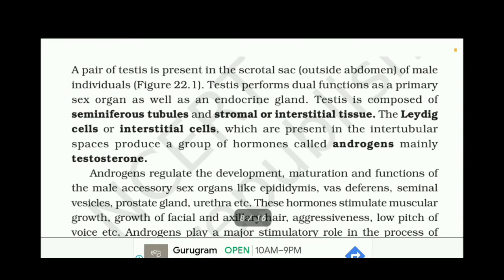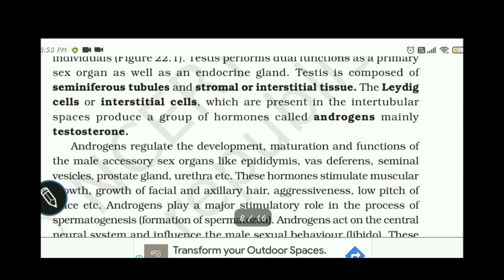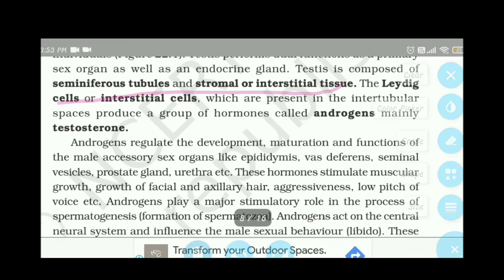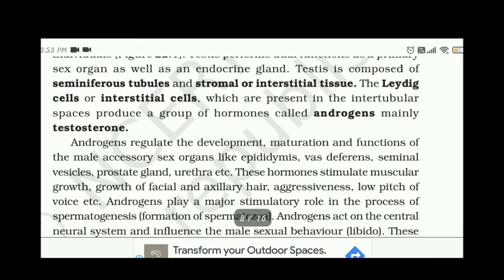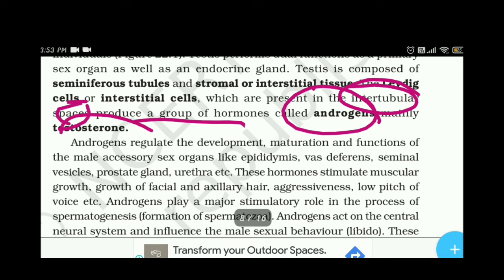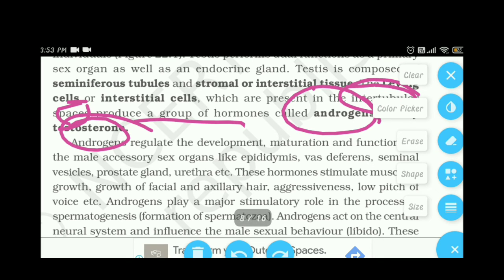They are composed of seminiferous tubules, and the Leydig cells or interstitial cells, which are present in the intertubular spaces, produce a group of hormones called androgens, mainly testosterone.